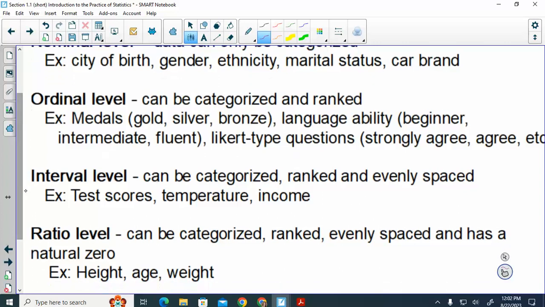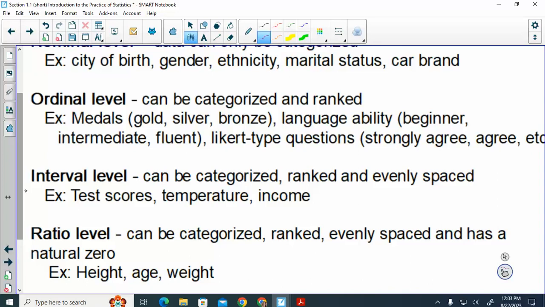Then it goes up to intervals. So you notice it's building. It still can be categorized. It still can be ranked. But the next condition is that it is evenly spaced. What that means is, if I put things in order, is it the same distance to get from this step to this step?